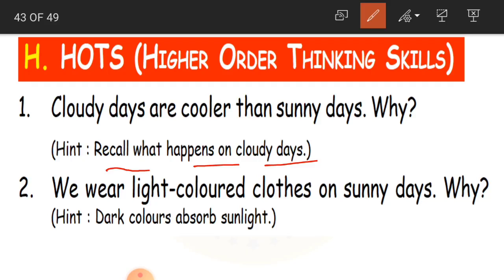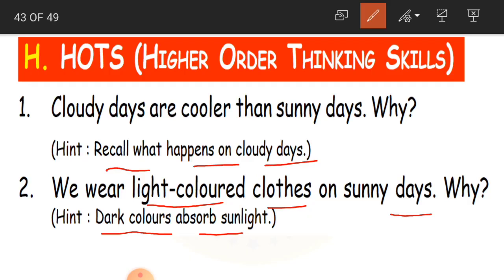And here, we wear light colored clothes on sunny days. Why do we wear light colored clothes on sunny days? There is a clue for you. Dark colors absorb sunlight. So when you wear dark colored clothes, they absorb sunlight, in the sense, they absorb heat.